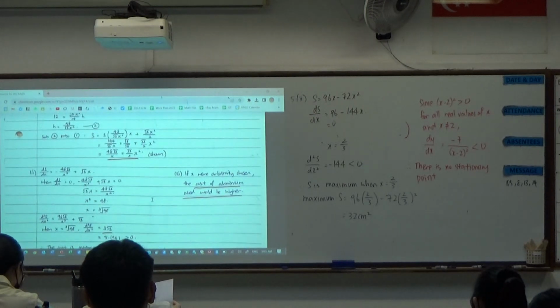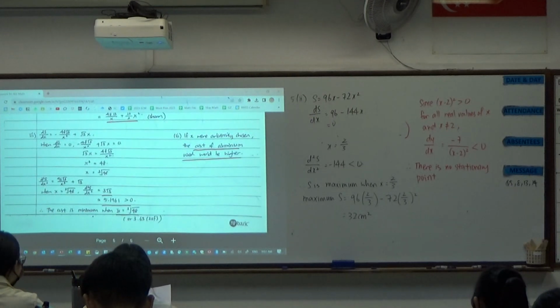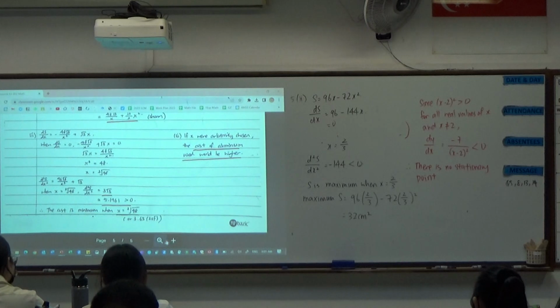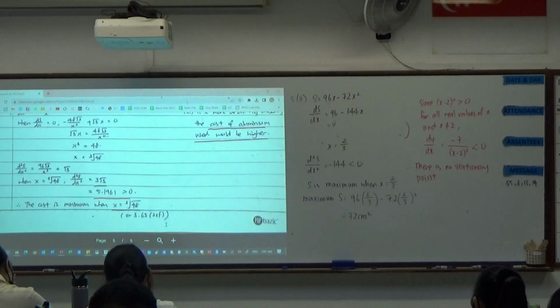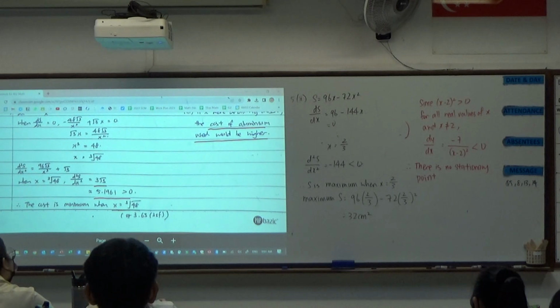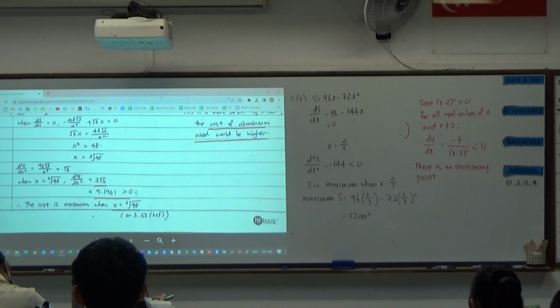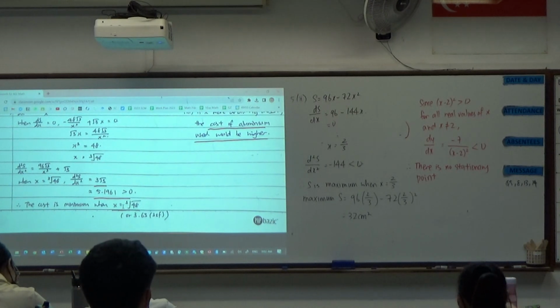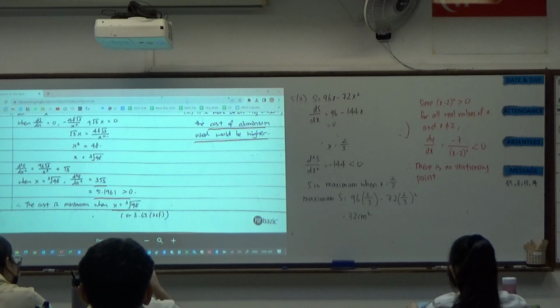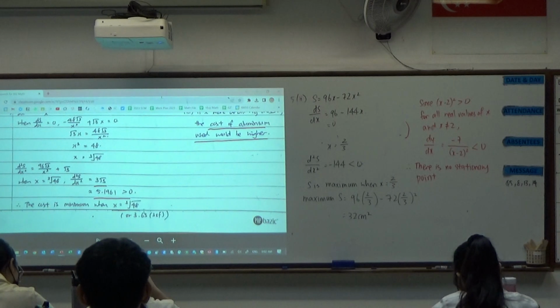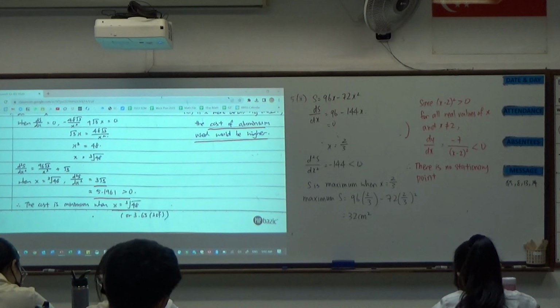In part 2 itself, you would have found that your x value is about cube root 48 or 3.63. So if you don't take this value, what does it actually mean to the cost? This x value gives us the minimum cost. This x is not the one that is minimum. It is the cost that is minimum. So if you choose any other x value, your cost is not going to be minimum.